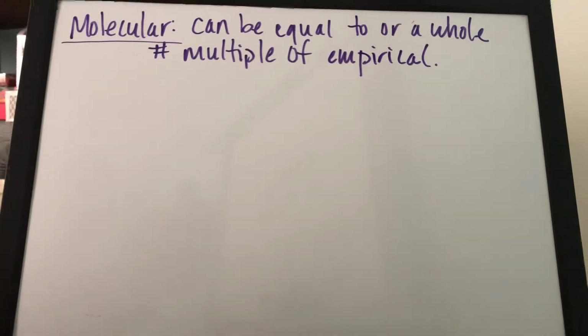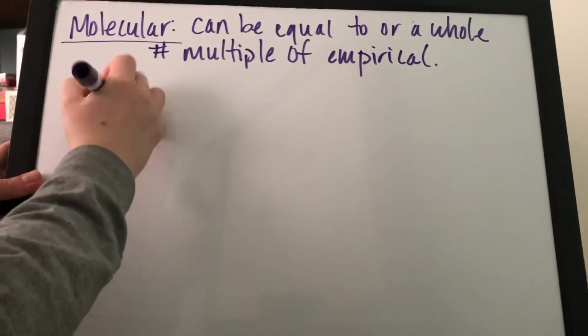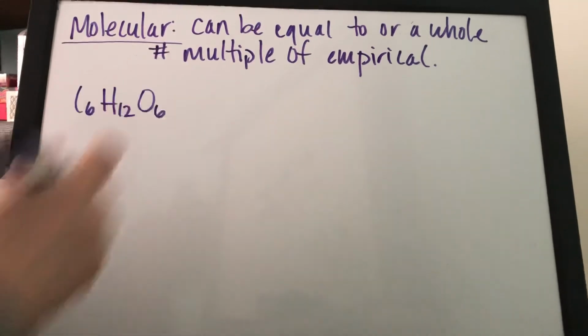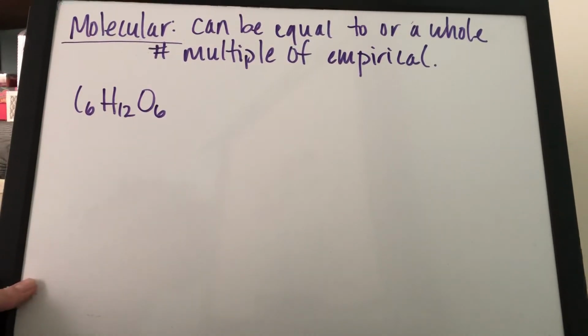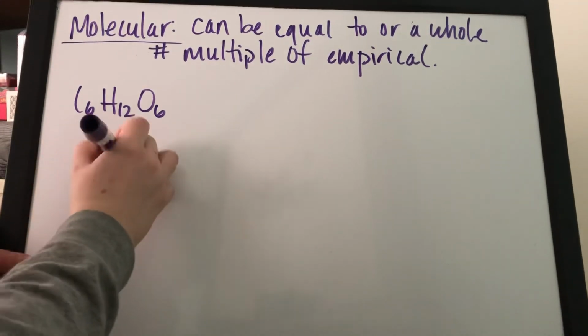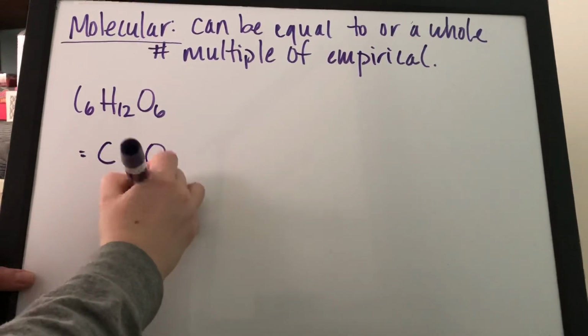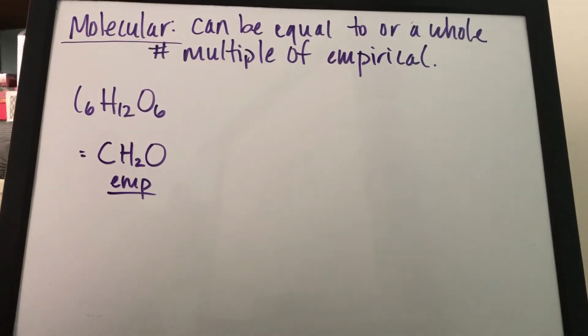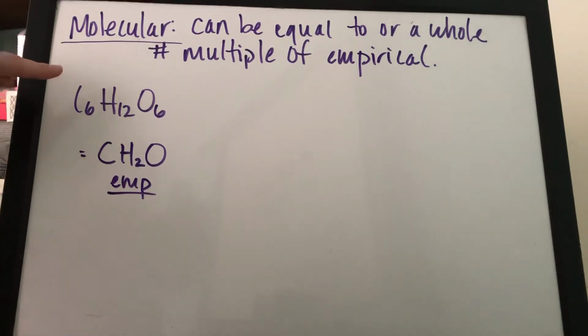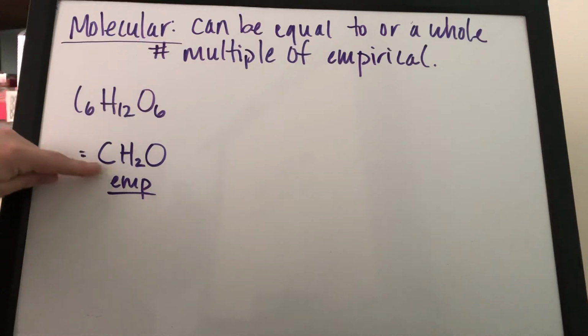So just a few minutes ago when we encountered glucose, we learned that glucose has a formula of C6H12O6, which is in fact a molecular formula. So if you think about it, I can drop this down to 1 to 2 to 1 and get CH2O, which is in fact the empirical formula of glucose. Okay, so if you look at this, in this case, the formula for glucose is 6 times bigger than the empirical formula.